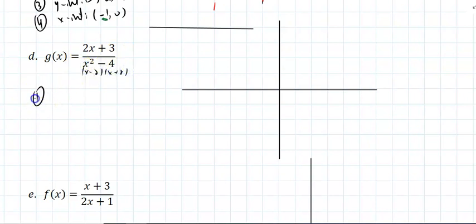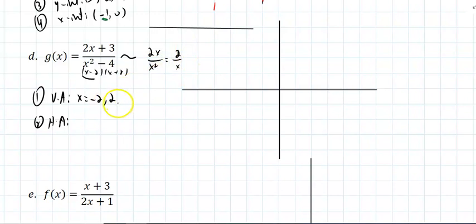All right, 1. Vertical asymptotes, x equals 2 and -2. Horizontal asymptote, dominance. What dominates the top? 2x. What dominates the denominator? X squared. Isn't that 2 over x? As x approaches infinity, that will approach 0.